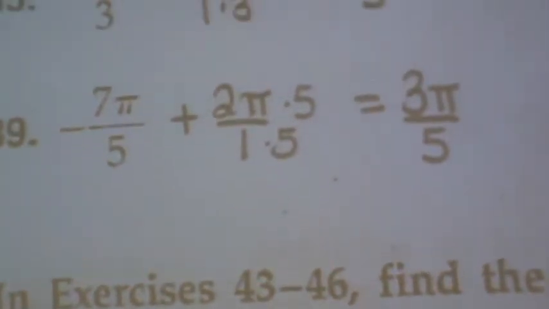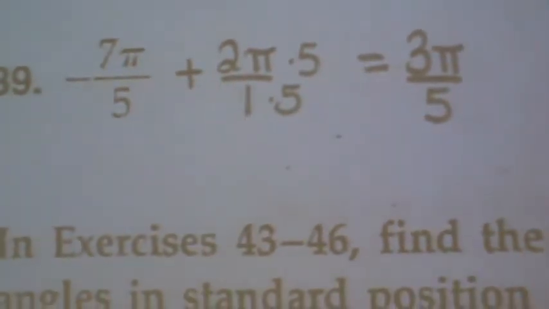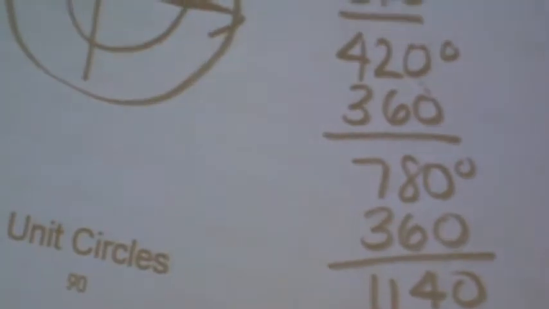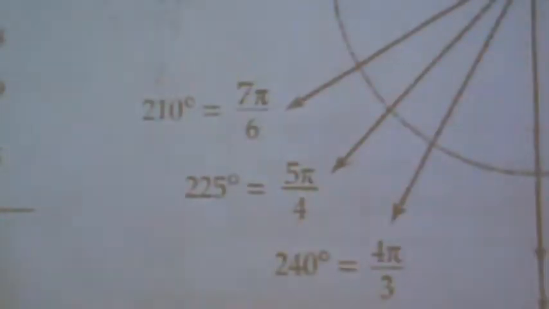Now, if you look at your unit circle, I have right here, pi is right here. It's 3.14. What would 2 pi be?